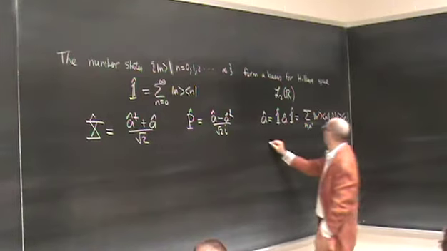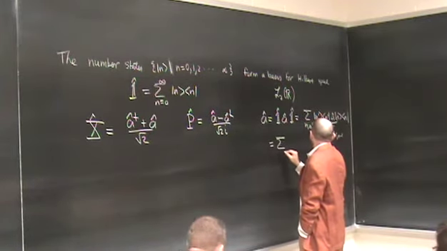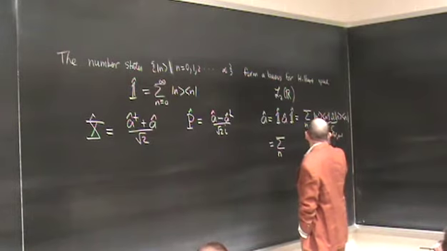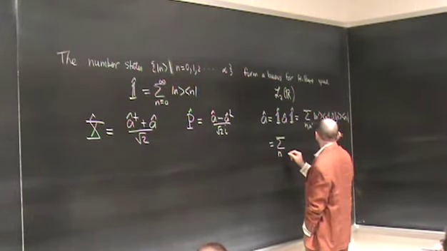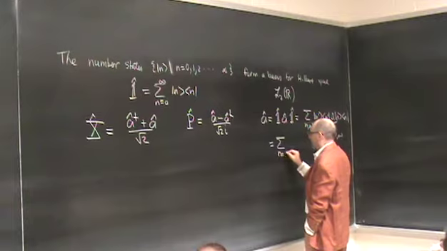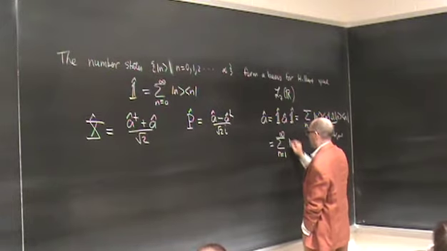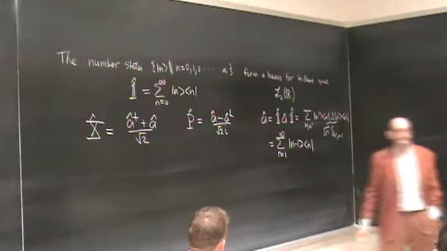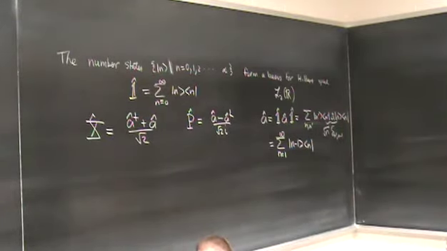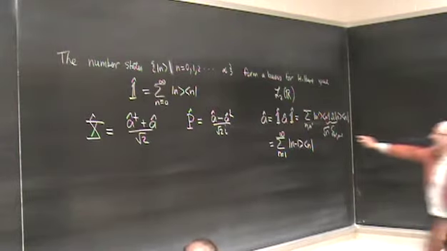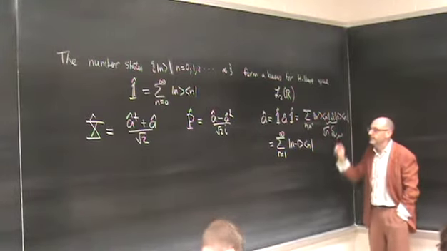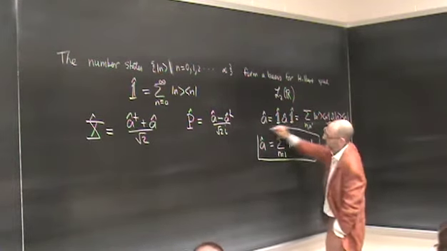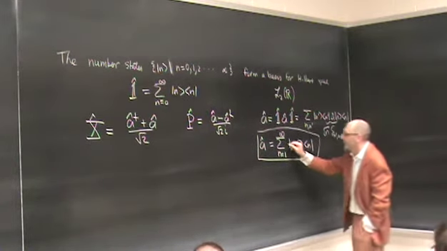So this then is equal to the square root of n, but because I can't have n less than 0, this goes from n equals 1 to infinity, n minus 1, n. The case where n equals 0 doesn't exist because that term is 0. So that's important. Square root of n, sorry.